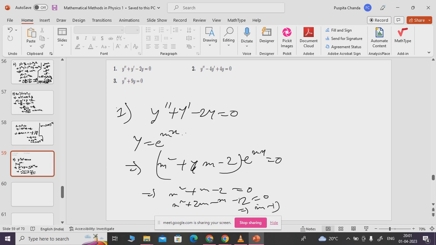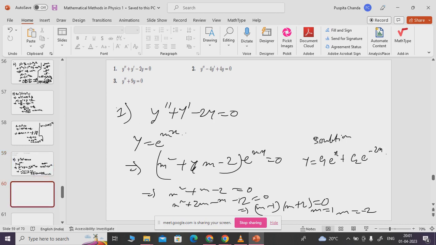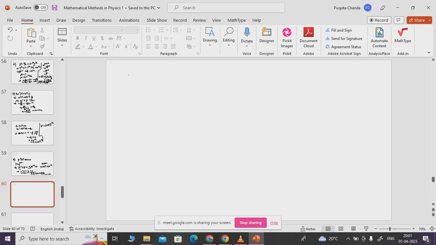So m² plus m minus 2 is equal to 0. That can be written as m² plus 2m minus m minus 2 is equal to 0. So (m minus 1)(m plus 2) is equal to 0. So m is equal to 1, m is equal to minus 2.